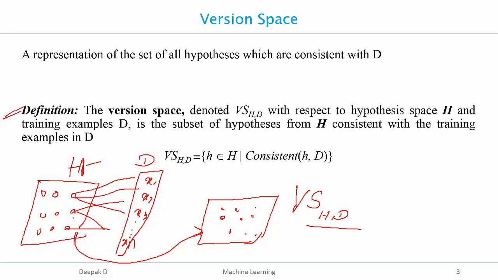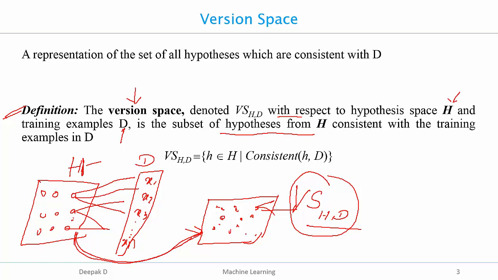Now the definition says that the version space, denoted VS with the subscript H comma D, with respect to hypothesis space H and training examples D, is the subset of hypotheses from H which are consistent with the training examples in D. So this is your definition of version space.